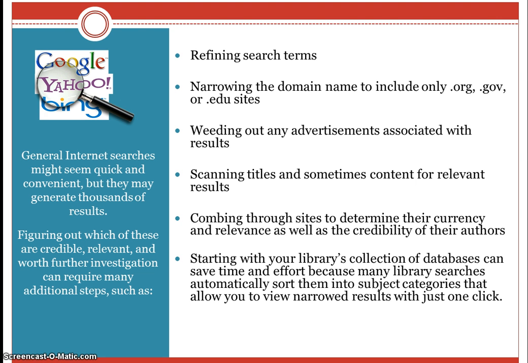Figuring out which of these are credible, relevant, and worth further investigation can require many additional steps, such as refining search terms, narrowing the domain name to include only org, gov, or ed sites, weeding out advertisements associated with results, scanning titles and sometimes content for relevant results, combing through sites to determine their currency and relevance as well as the credibility of their authors.